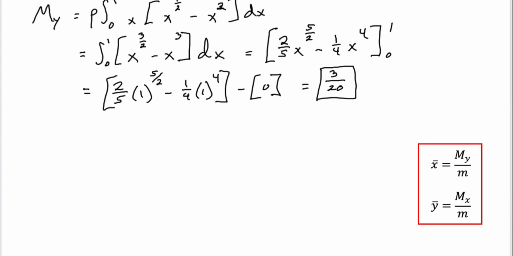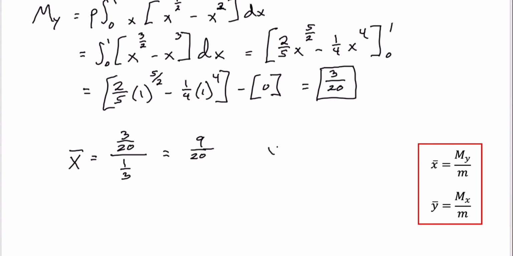Now we have everything we need to calculate the centroid. X bar is the moment about the y-axis, which we just found, divided by the mass. Earlier we found that to be 1/3. This will give us 9/20.